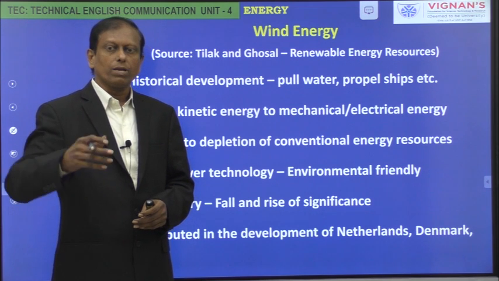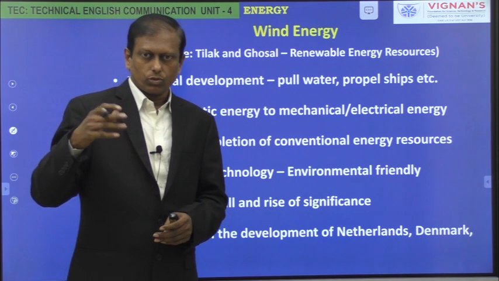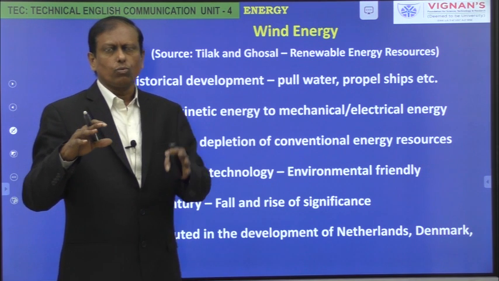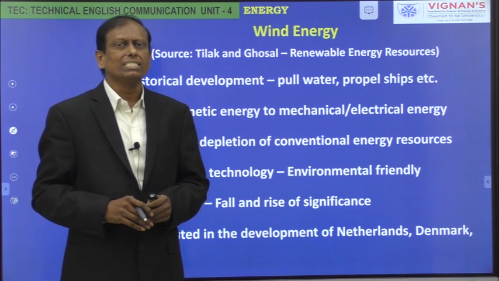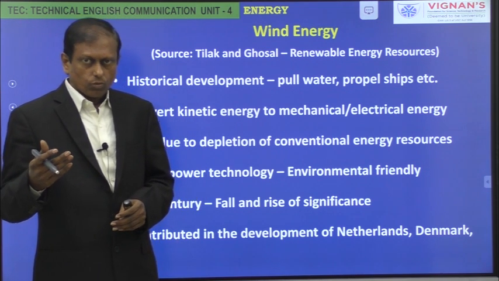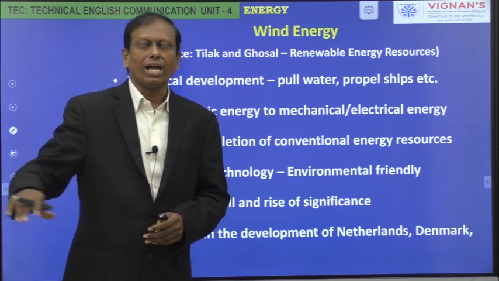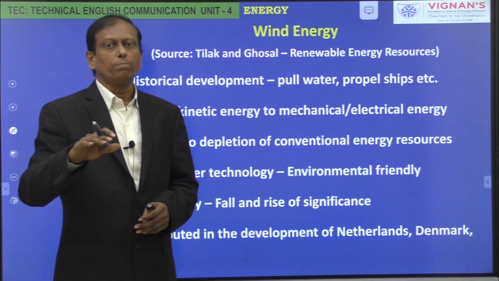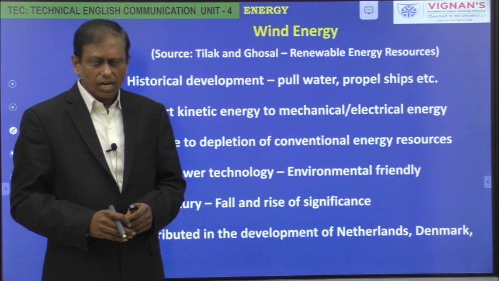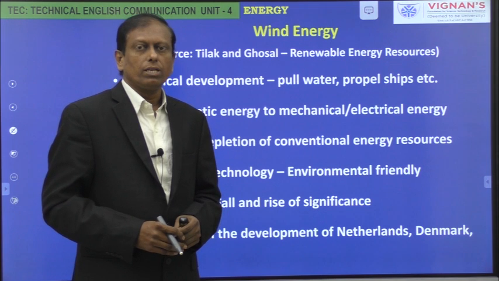In the olden days, people tried grain, that is, to separate dough and other things from the seeds, and to extract water, pull water from the wells. They used big fans and big wheels that move with the wind power and extract water from the canals or from the wells. And in naval use, people used mast.